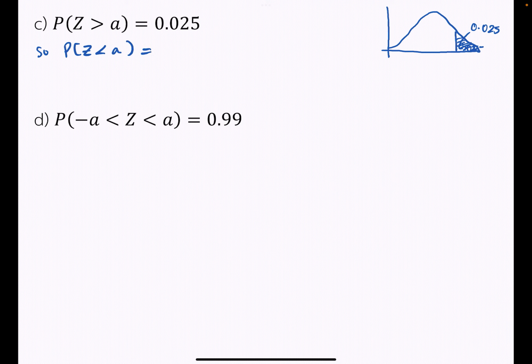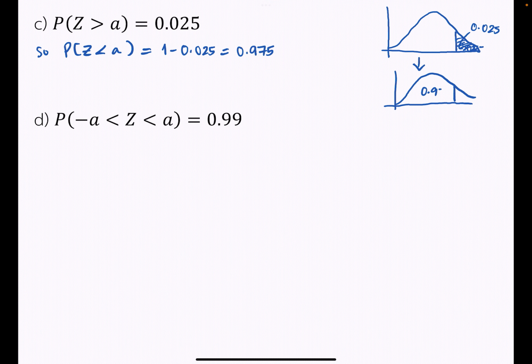So P of Z greater than A is 0.025, which is the same thing as P of Z less than A equals 1 minus 0.025, right? So we need to convert to this area. This is going to be the opposite because the whole thing is 1. So 1 minus this, you get 0.975.